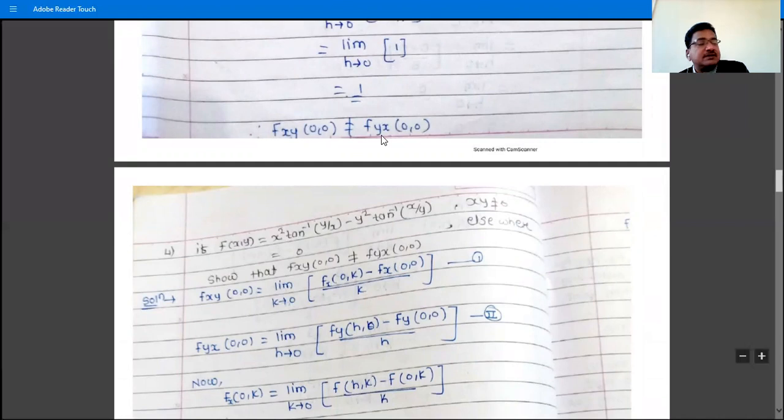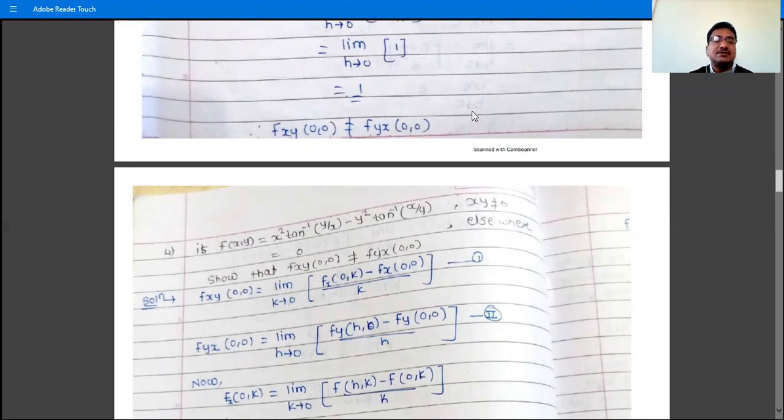So when are these two partial derivatives the same? There are 3 theorems on this: Schwarz's theorem, Young's theorem, and Clairaut's theorem.